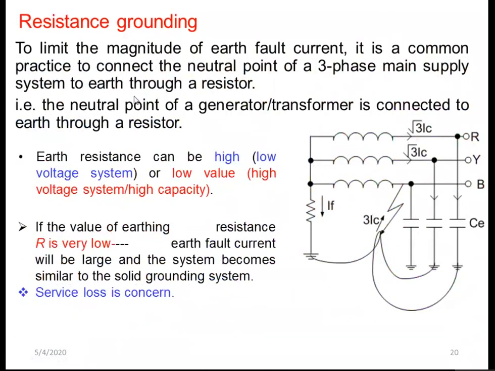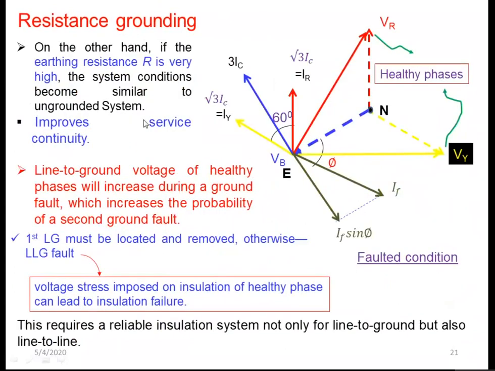As I said here, a high value of resistance is normally applied for low voltage systems. So if you have a high value of earthing resistance, mainly for the low voltage system, the capacitive charging current can be of the order of 1 ampere or 2 ampere. With high resistance grounding included in the system, we can design it for a fault current up to 2, 3 or 5 ampere.